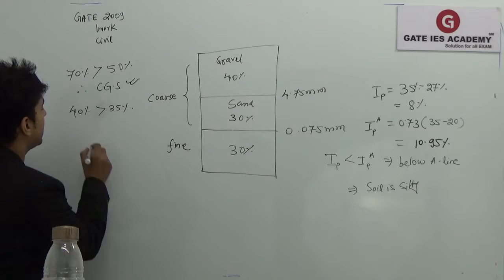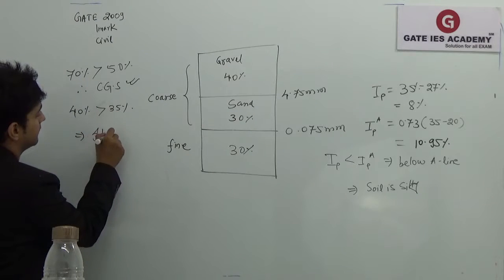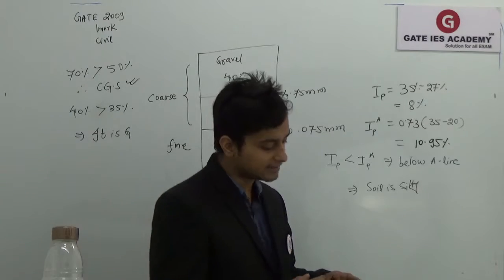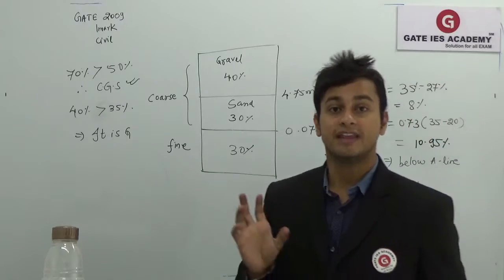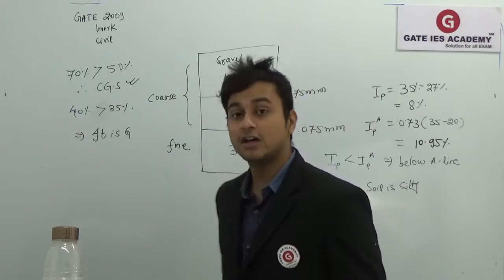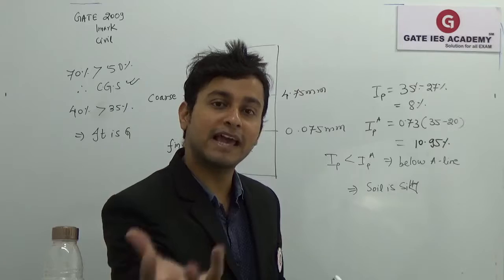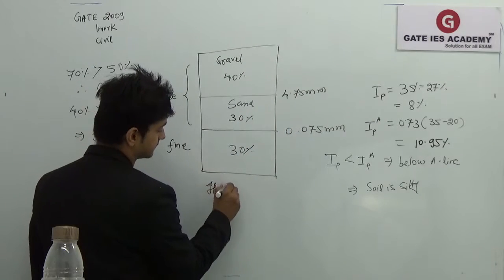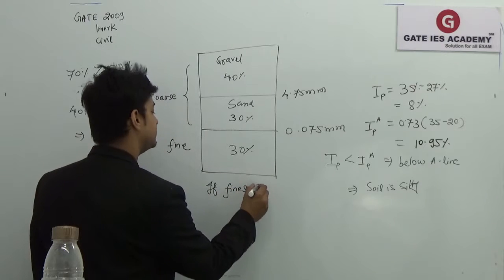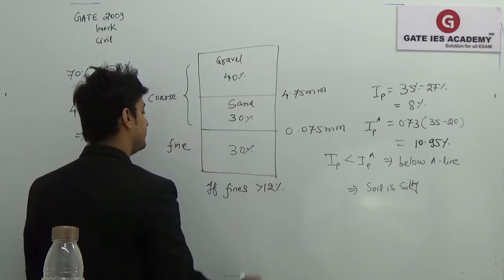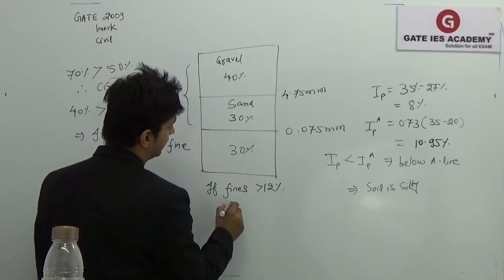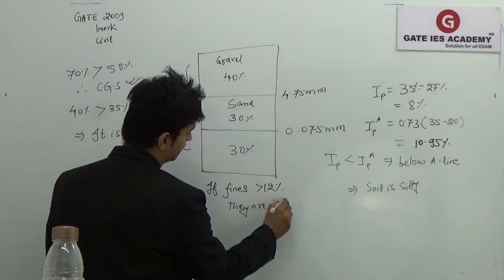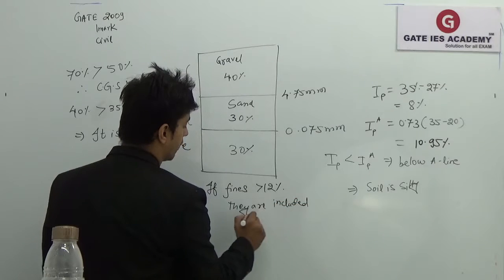Therefore it is implied it is gravel. So we got the main nomenclature as gravel. Now there are some fines. The fines are of huge quantity, so we have to imply them also in our nomenclature. If the fines are greater than 12%, they are included in the nomenclature.